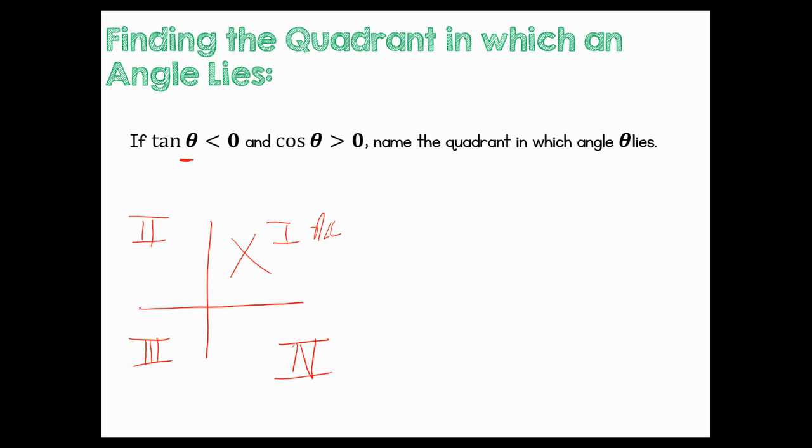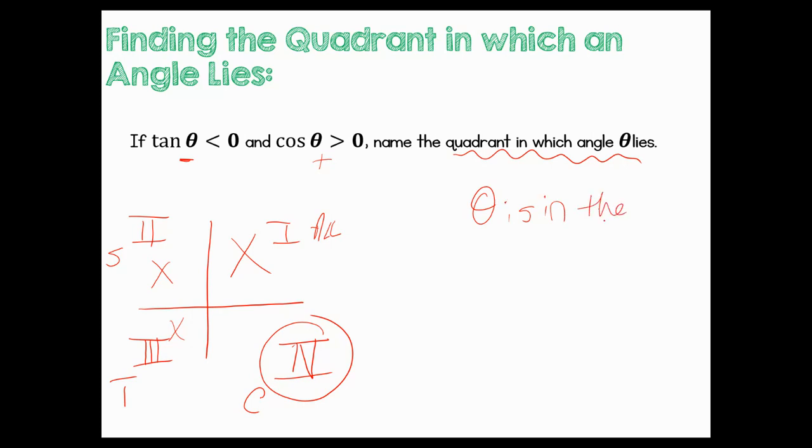It could be here. It can't be in my third because that's where tangent is positive. So we've now narrowed it down to a choice of the second quadrant or the fourth. So we now need to look. The cosine is greater than 0, so that's positive. So it's not positive in the second quadrant, but it is in the fourth. So in which quadrant does theta lie? Theta is in the fourth quadrant.